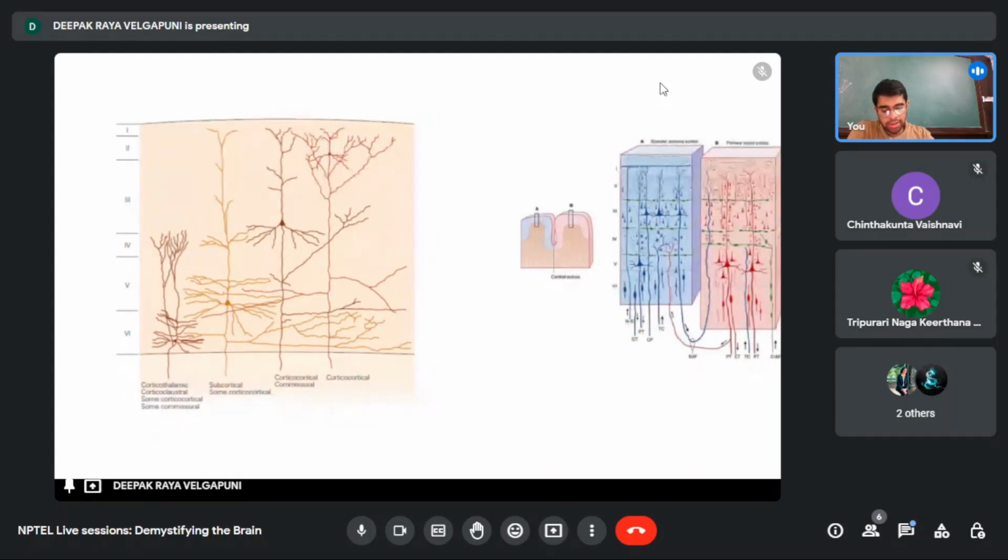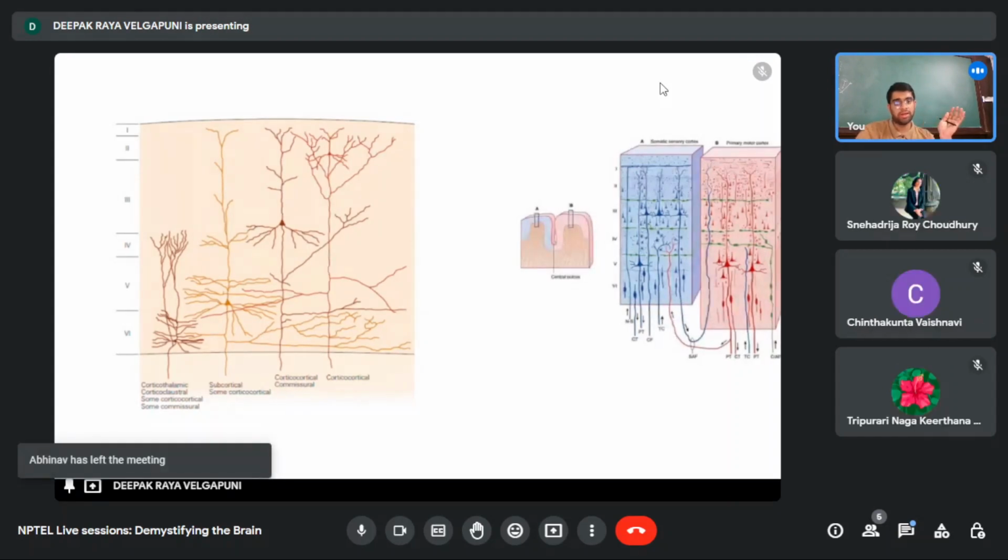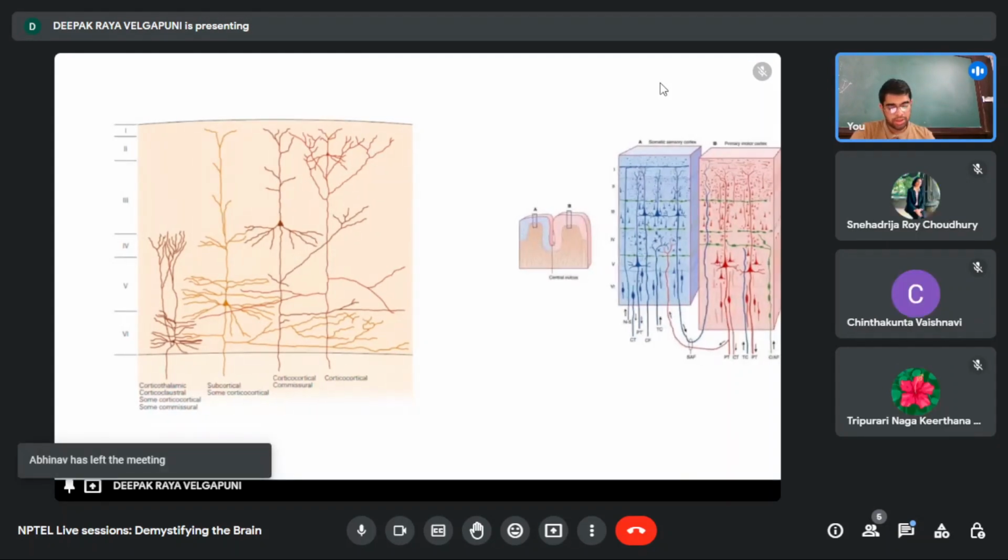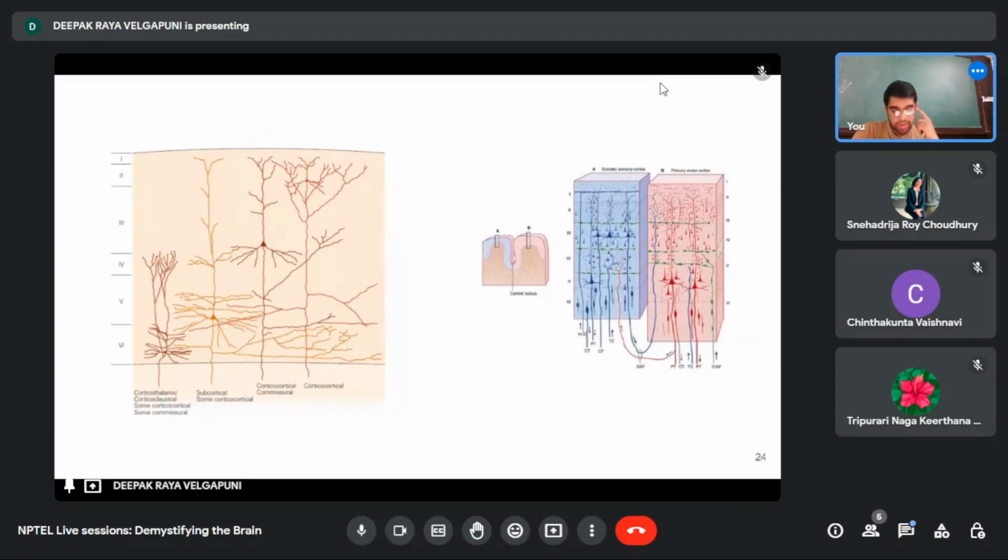Neurons in layer 6 have corticothalamic inputs, and some commissural, which is nothing but communication from the other hemisphere across hemispheres. And there are some connections from subcortical going to layer 5. Each layer has inputs coming from different structures of the brain. So this is about the layer structure.